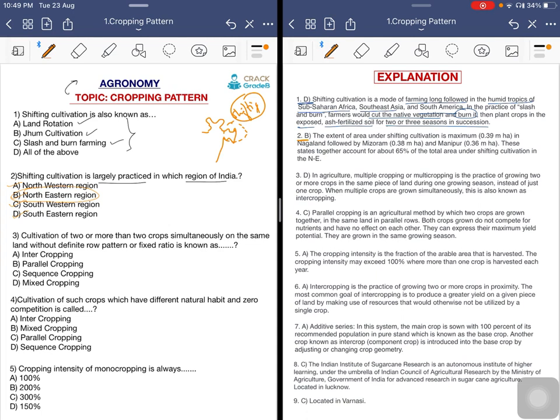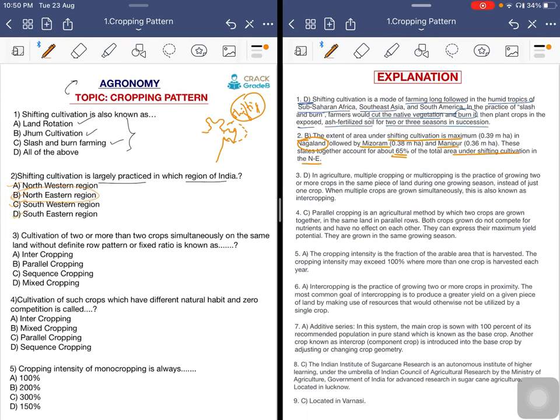The extent of area under shifting cultivation is maximum in Nagaland, followed by Mizoram and Manipur. Okay, make a list of which states have the maximum area under shifting cultivation. These states together account for about 65% of the total area under shifting cultivation in the northeastern region.